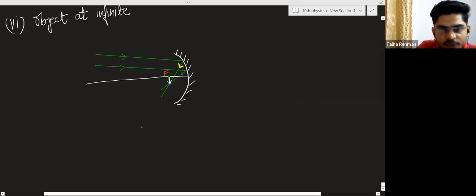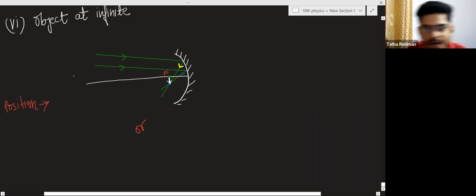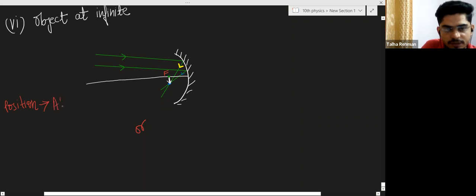So there can be two cases of this. Now this is the focal plane. So here you can say, for position, the image is formed at the focus or focal plane.